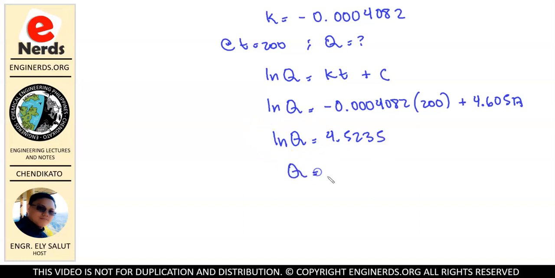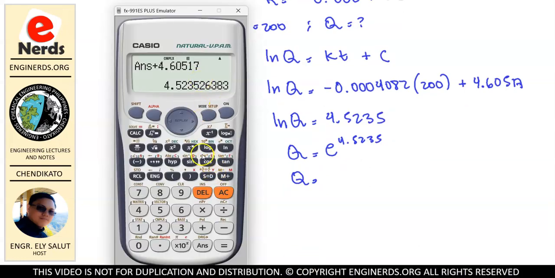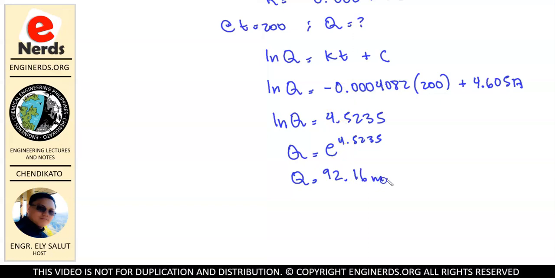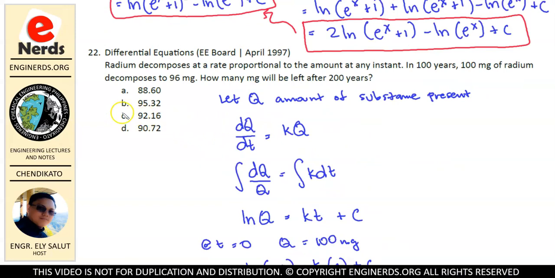Our Q is equal to E to the 4.5235. Once again, let's use our calculator. We have 92.16, so 92.16 milligrams. This is our final answer for this problem. 92.16, so which one is it in our choices? 92.16 is letter C.